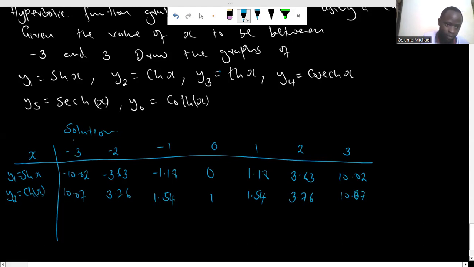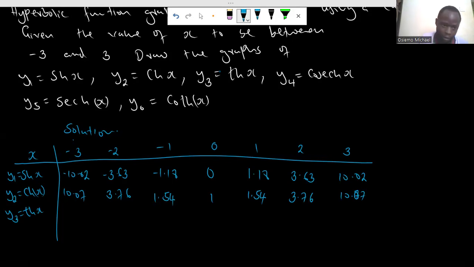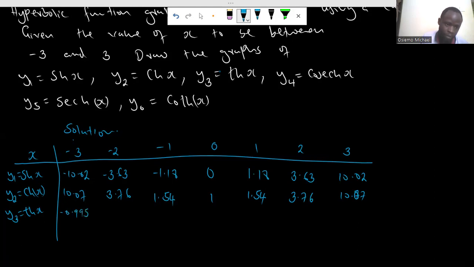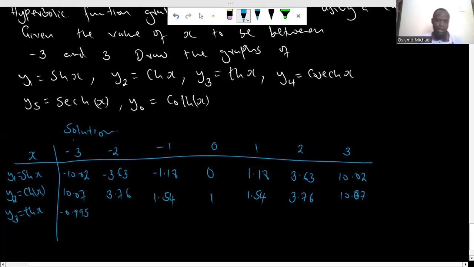Then you have y3 equal to th of x. For th of x, you have negative 0.995. And remember, th of x is equal to shx over chx.